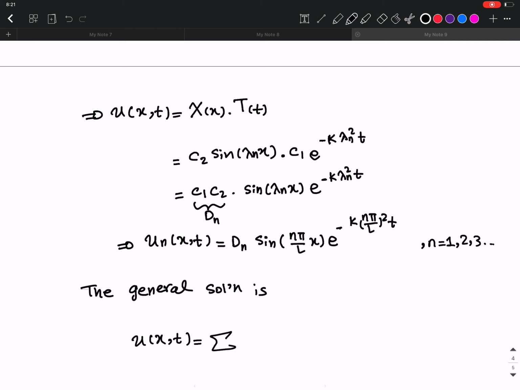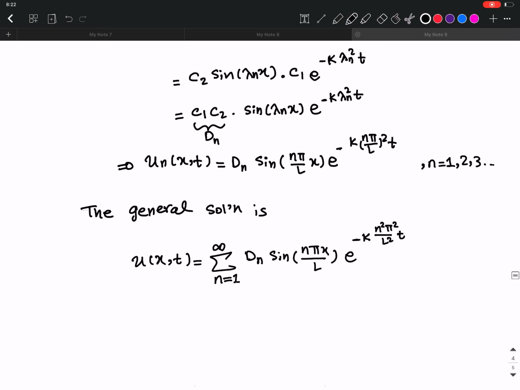So I'm going to say sigma of n equals 1 to infinity of d_n sine n pi x over L times e to the minus k n squared pi squared over L squared t, or time.